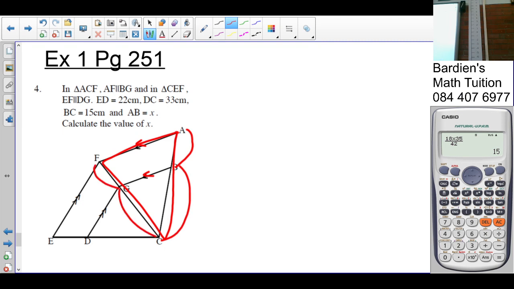Then we are told that in triangle CEF we have these lines being parallel. So what can we conclude there? We can conclude that GF over GC is equal to ED over DC. Can you see that, people? So all those ratios are the same.